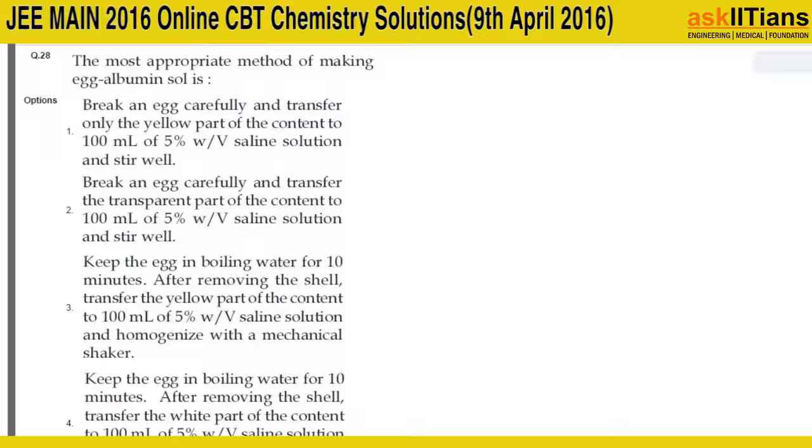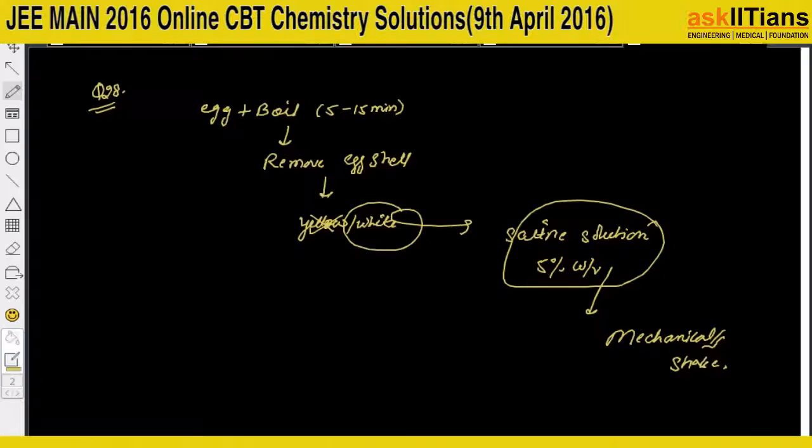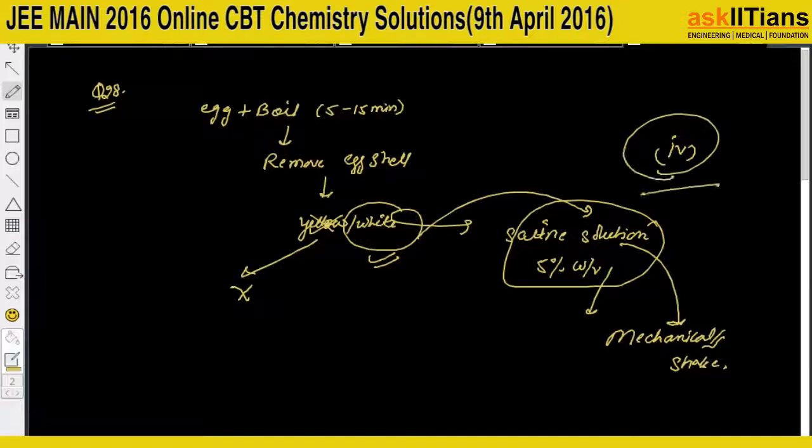And the fourth is: keep the egg in boiling water for 10 minutes, the same as the third option, then after removing the shell, transfer the white part of the content to 100 ml of 5% weight by volume saline solution and homogenize with a mechanical shaker. Clearly I have told you, do not use the yellow part, use the white part. So option number 4 matches the explanation given, and hence this will be the correct option for this particular question.